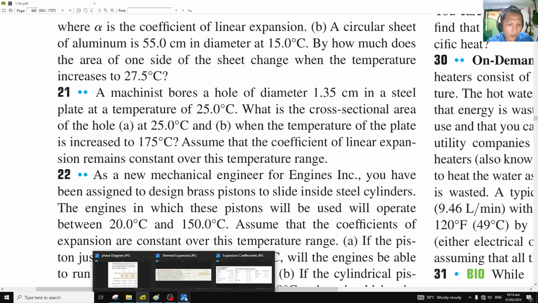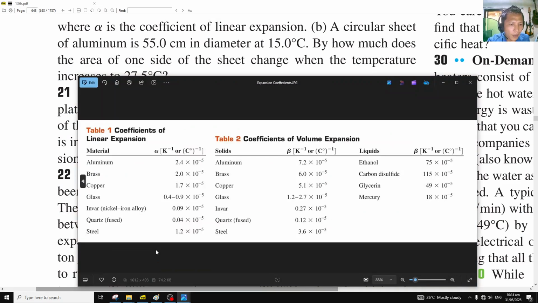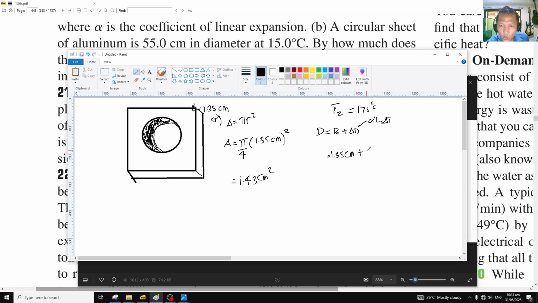For steel, that is 1.2 times 10 to the negative 5 per Kelvin.